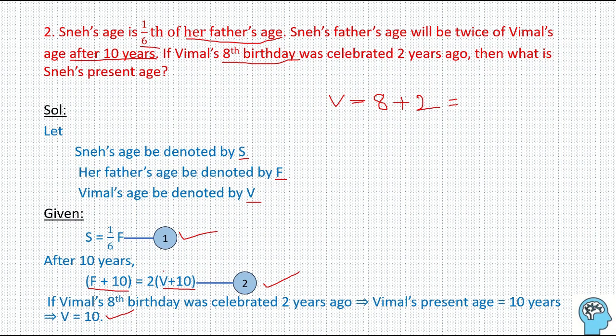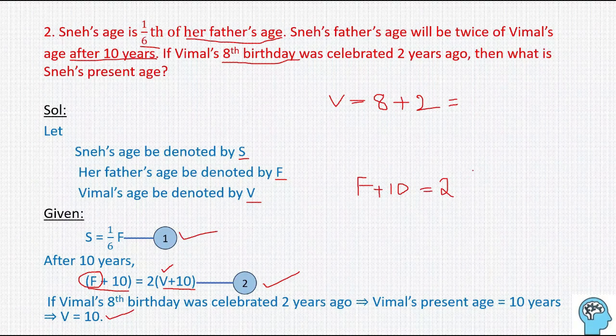The value of V, you just substitute here and solve for F. So F plus 10 is equal to twice that of 10 plus 10, that is 20.